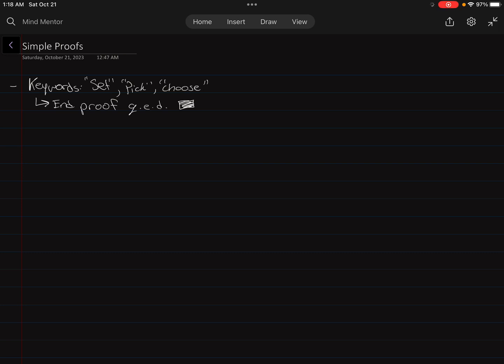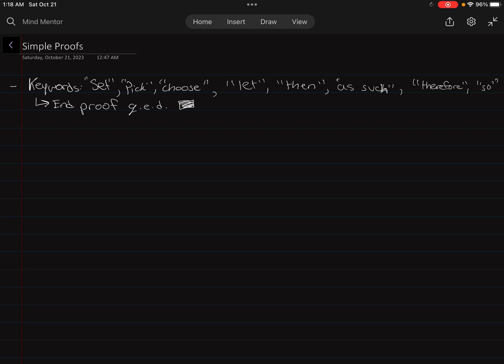Some other keywords that we forgot to mention also include let, then, as such, and then, therefore, and so. So, now, once again, we can get started with the proof.